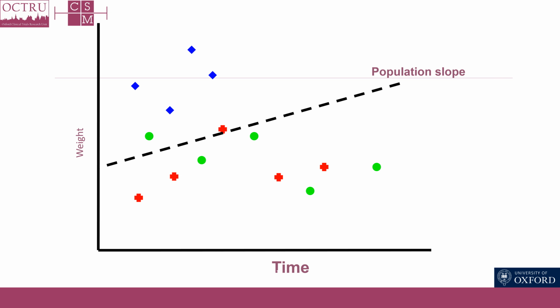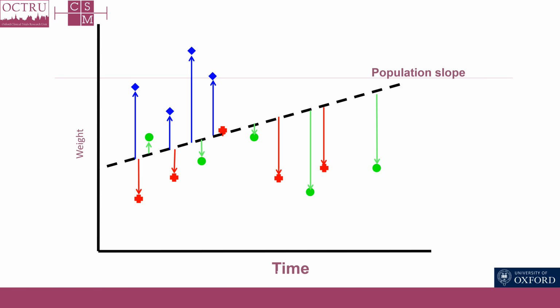Returning to our scatter plot that displays weight against time for 3 different individuals, each represented by a different color, we can now also observe the overall slope based on all observations. We can also see each cluster of observations from each individual. The variability within each cluster is much less than the variability between clusters.